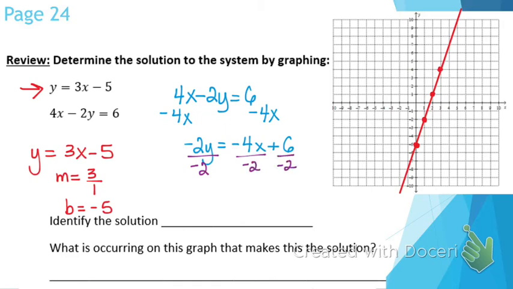So we have y equals positive 2x minus 3. So my slope is 2/1, and my y-intercept is -3. So let's go ahead and graph that one. So I'm going to start at -3, up 2, right 1.